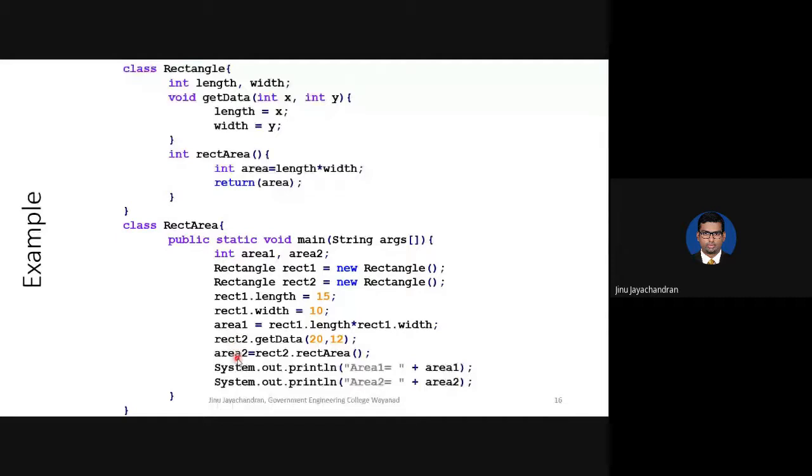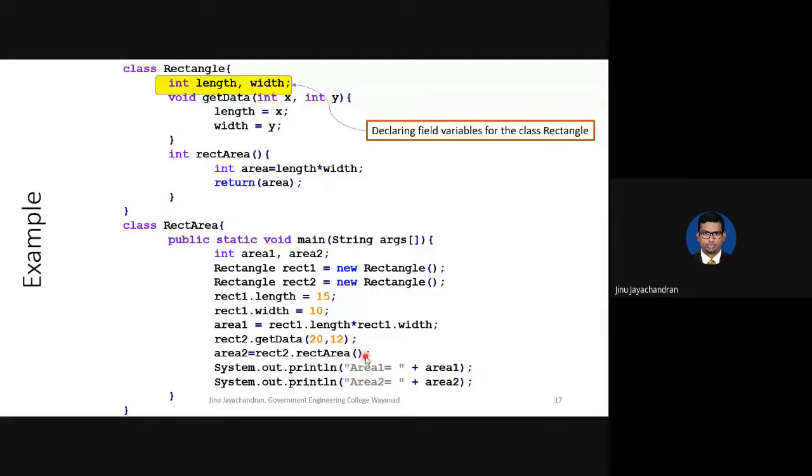When you want to find the area, you say area2 is equal to rect2 dot rectArea, which means you are calling this function. When this function is called, the length will be multiplied by width. So in this case, 20 into 12, and that value will be returned to area2. And the values of area1 and area2 are printed.